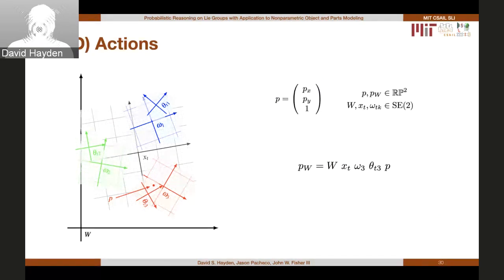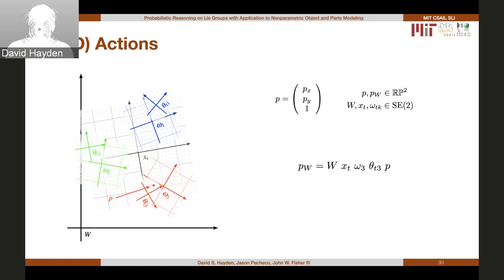So here, suppose it's defined in the theta t3 part system, and that the theta t3 part system is defined in the omega 3 system, which is defined in the X system, which is defined in the world system W. Then given the part coordinates P, we can get the coordinates in the world system by just doing this composition of the world coordinate frame, the body coordinate frame X, the canonical part frame omega 3, and then the per time part frame theta t3.